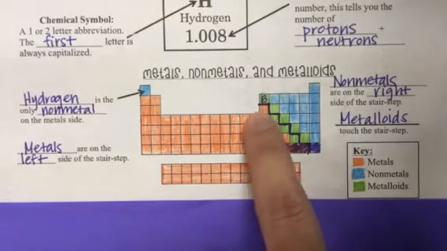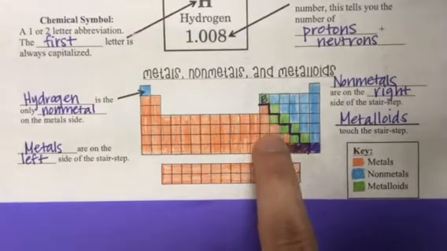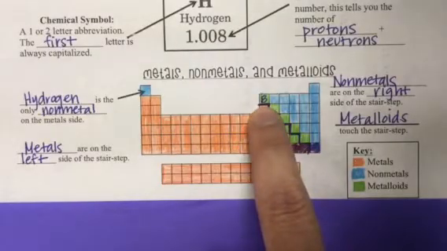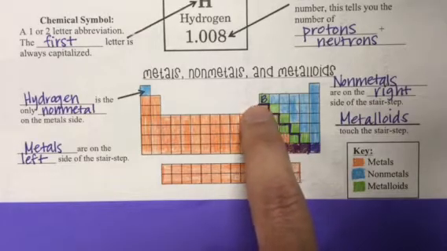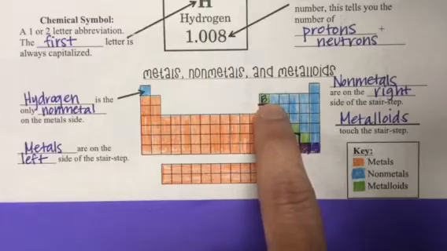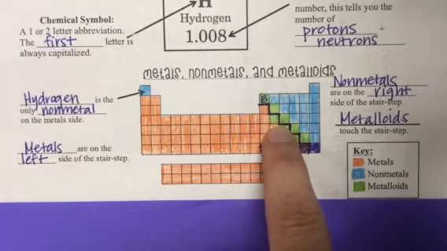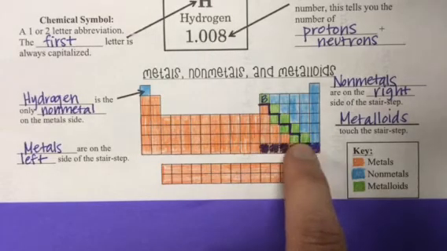All right, the first thing really you want to always locate on your periodic table is where is the stair step, or it might be called a staircase or a zigzag. And that always starts with boron. So I've got it labeled. B is for boron. And then what I tell my students to do is just always underline boron. And then from there we go down, over, down, over, down, over, down.